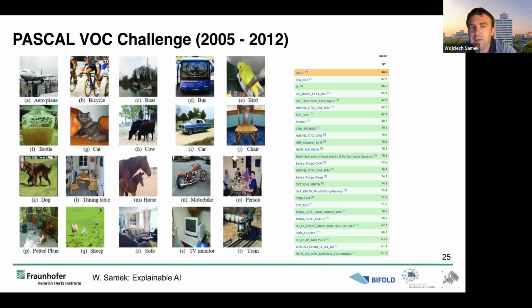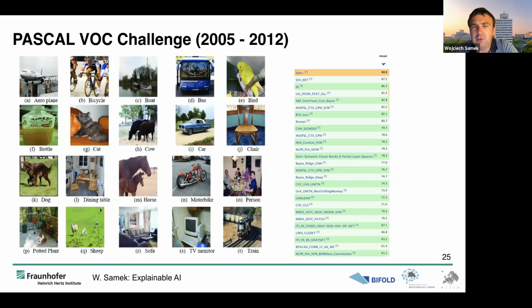These images were real life images, so they were sometimes not very easy to classify. And the best teams in the world, the best universities participated in this challenge. Every year they submitted their results on a test set, and this was evaluated, and there was a ranking list, and it was a very prestigious challenge in this area.